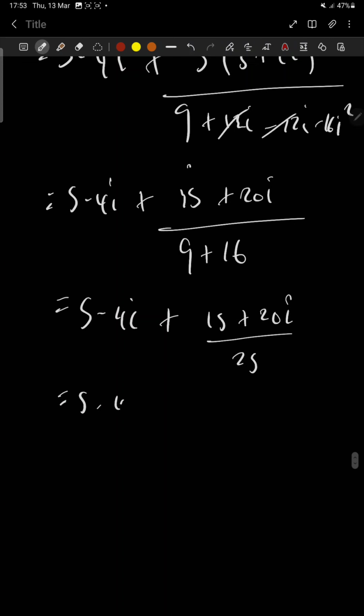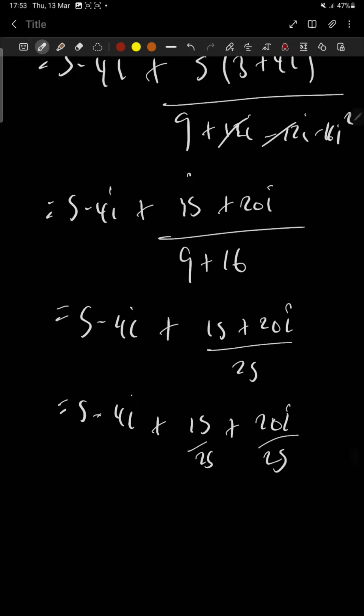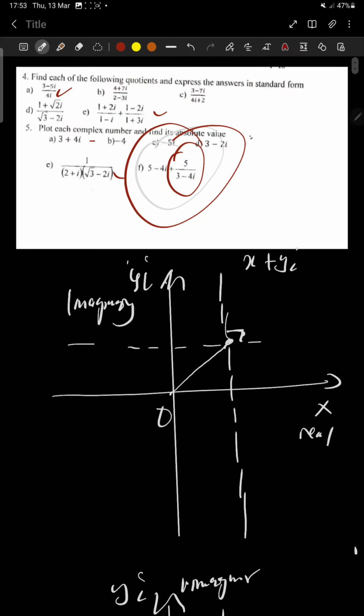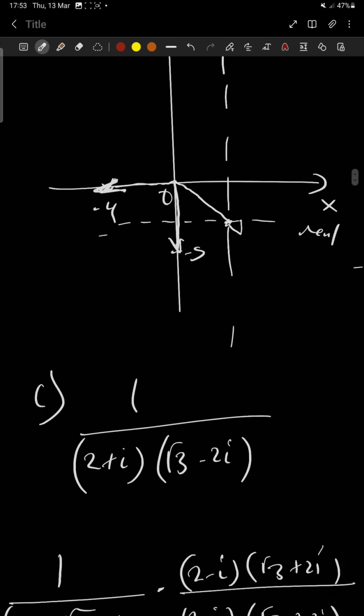So this will be 5 minus 4i plus 15 over 25 plus 20i over 25. Let me, I'm having 25. Yeah, we're going to have 25. If we multiply, we're going to have 3 squared plus 4 squared, yeah, we're going to have 25 apparently.